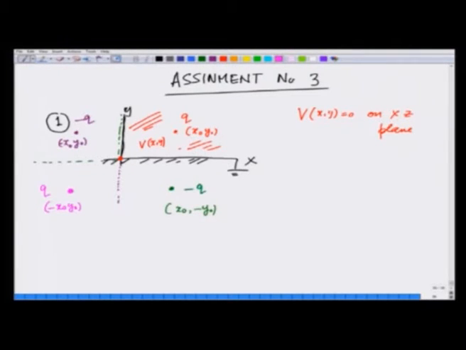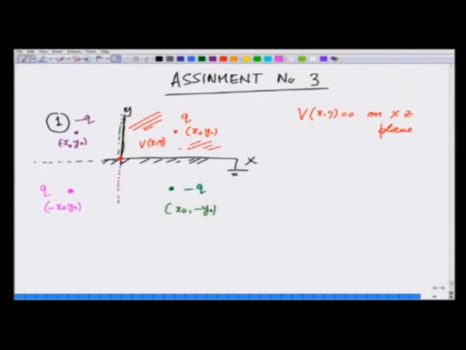The real charge in red and green make the potential 0 on the x z plane, and minus q in purple and pink again make it 0 on the x z plane. Minus q and red q, the real charge, make it 0 on the y z plane. So, all these sets of charges make potential 0 at the desired boundary.